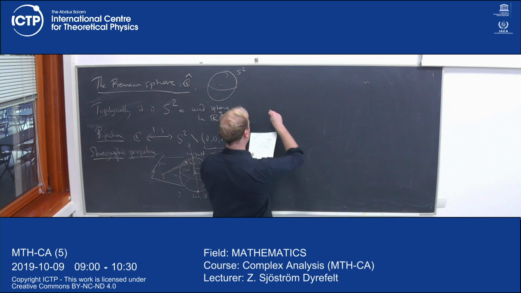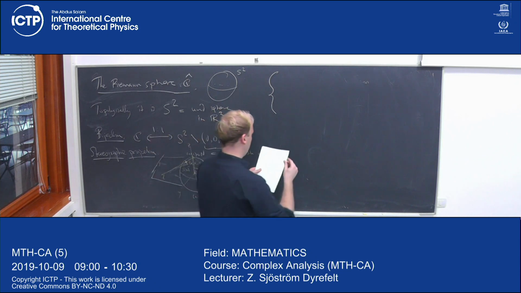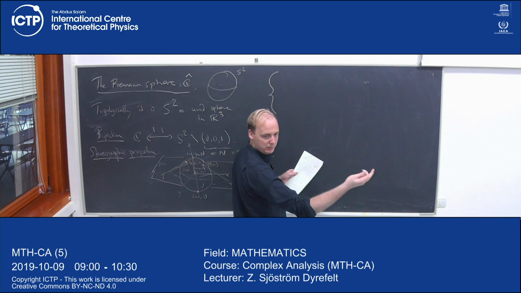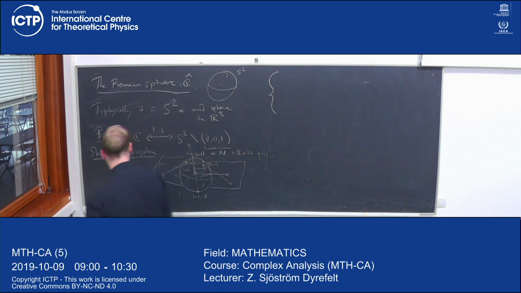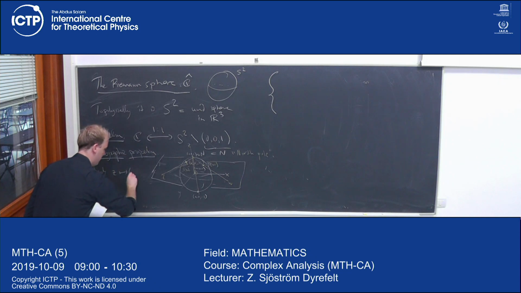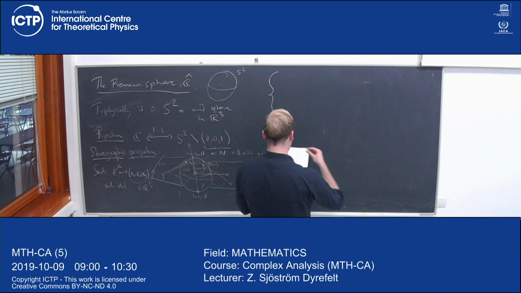So what I just said is that we want to send Z to x1, x2, x3, such that this is something in R3, and this is something in C. So such that the following is satisfied.